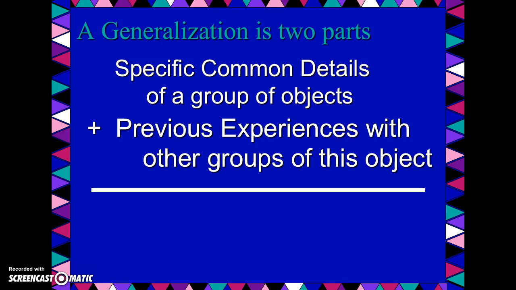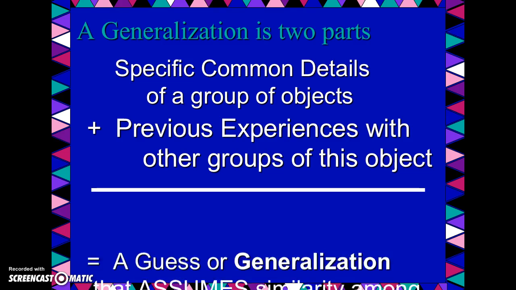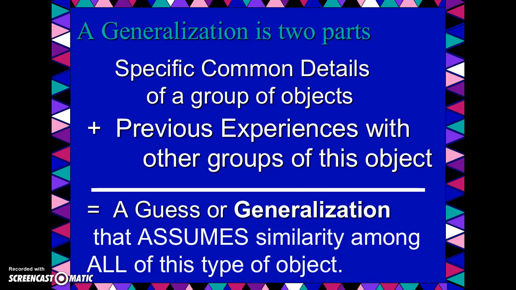So you might think of other fruits that you know, grapes, papayas, mangoes, peaches, all the different kinds of fruits that are out there. When you put what you're looking at with the object or group of objects in front of you and add that to your own previous experiences with other groups of this object, you can come up with a guess or a generalization that assumes similarity among all of this type of object.